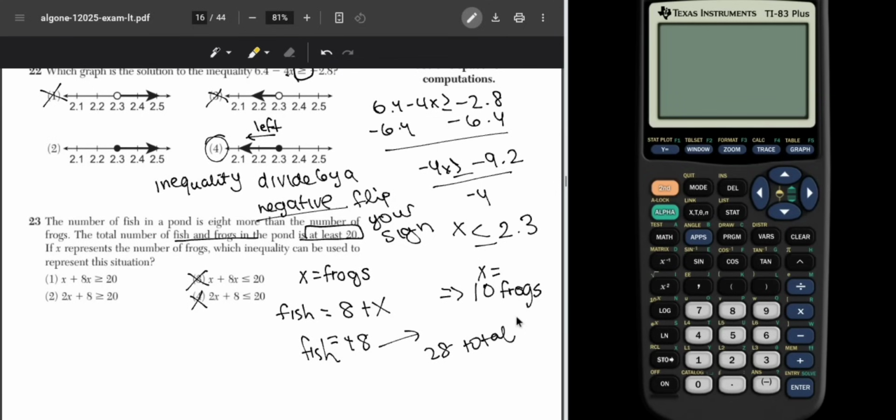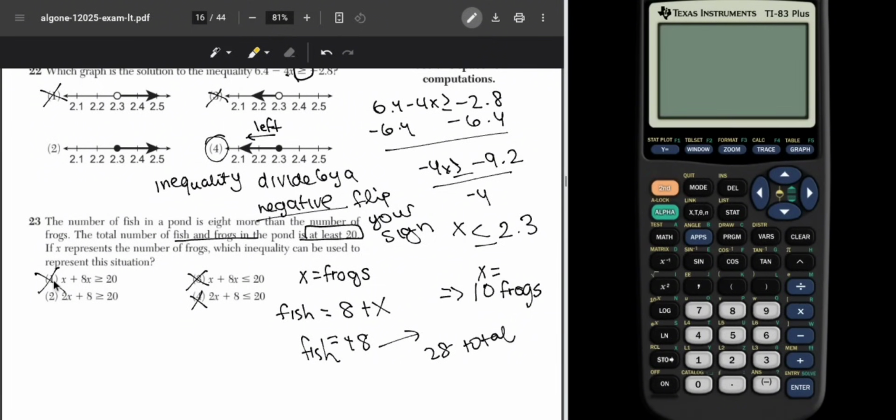If I look at answer choice number 1, let's say I have the 10 frogs plus 8 times 10 for the number of fish. Well, I know the number of fish is 8 more than, so I'm adding 8. So it cannot be answer choice number 1. Answer choice number 2 says 2x plus 8.